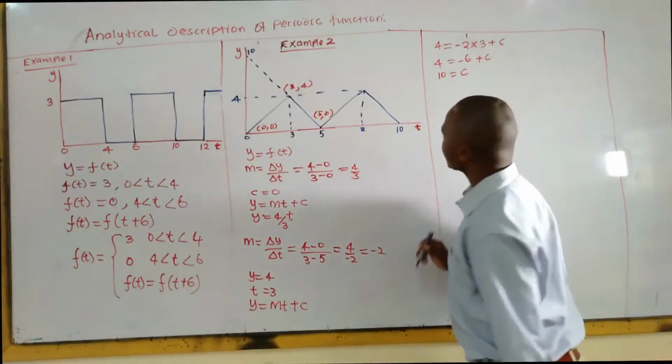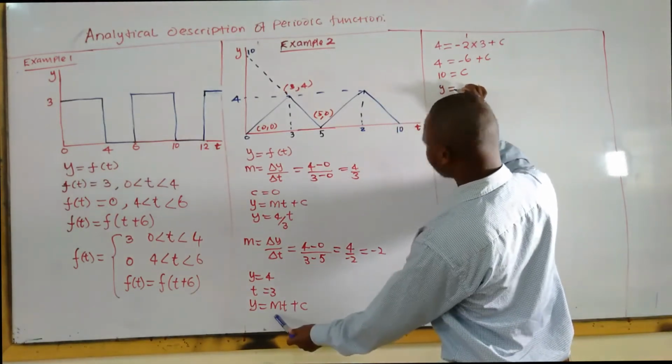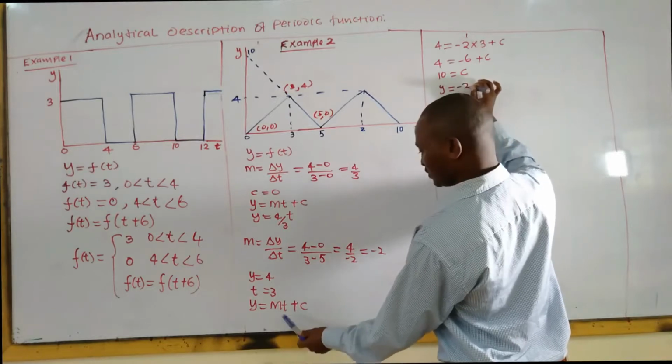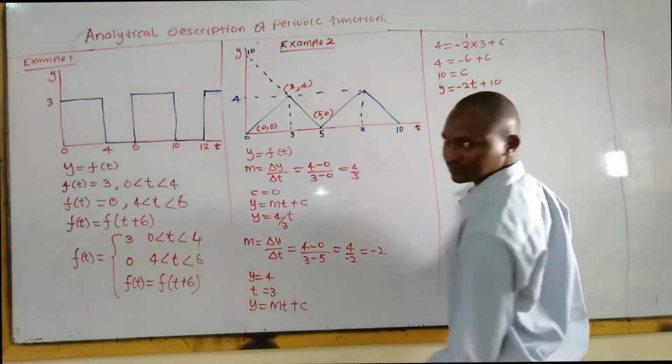Now, let us write the equation. The equation now is y. We already have the gradient is negative 2t plus 10.